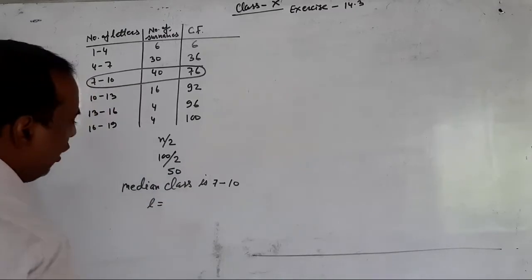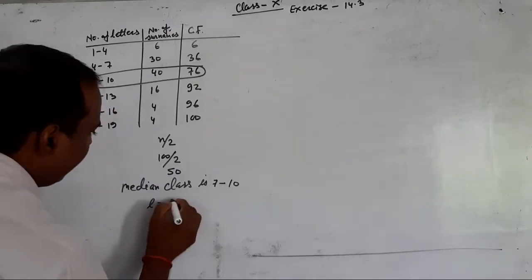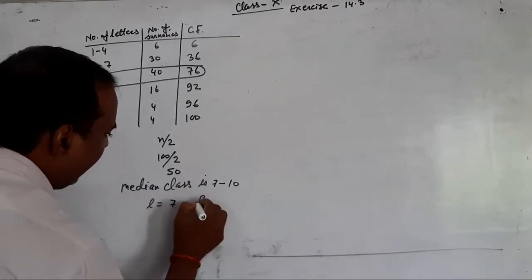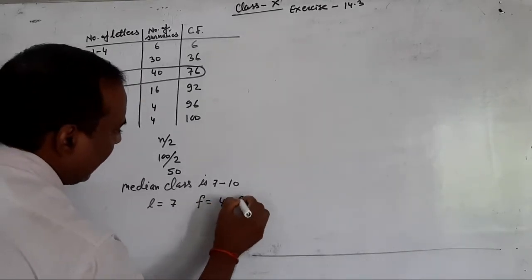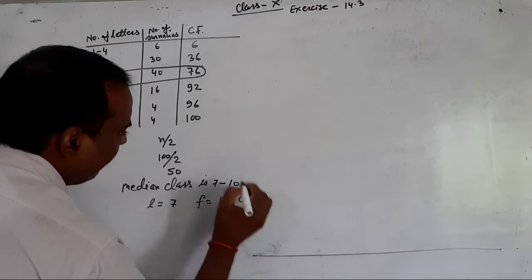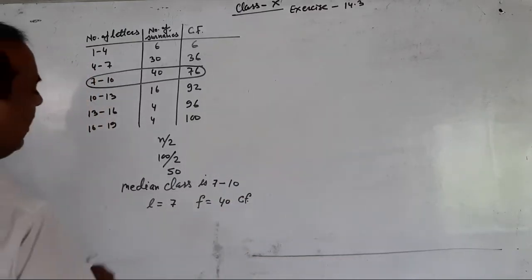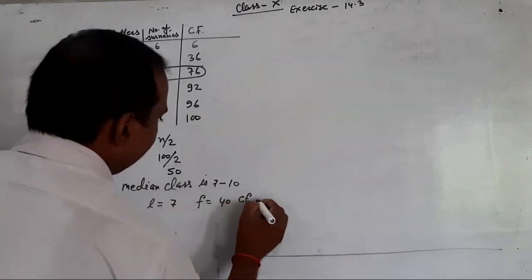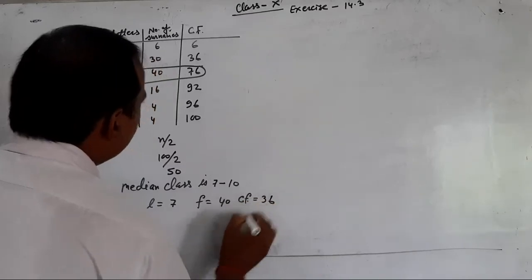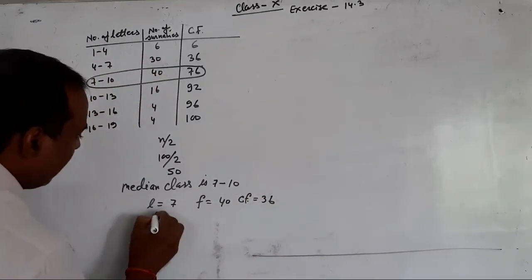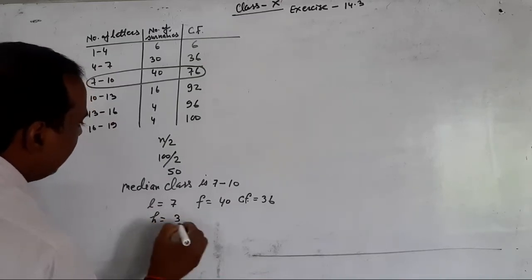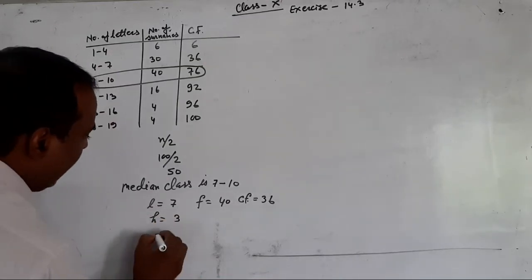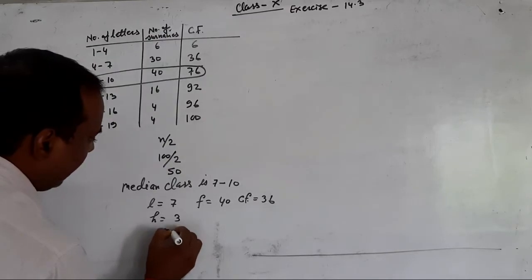So lower limit of median class is 7, frequency of median class is 40, and cumulative frequency of the previous class is 36. Class range is given as 3 and we have to calculate median.